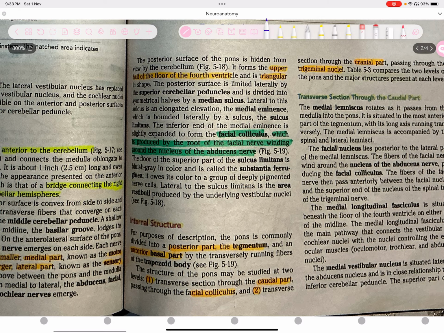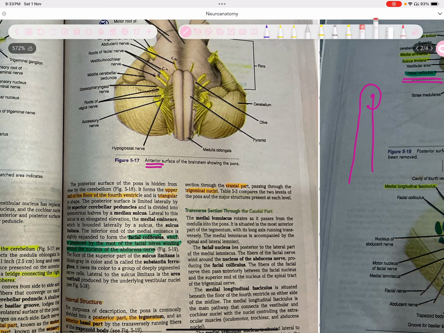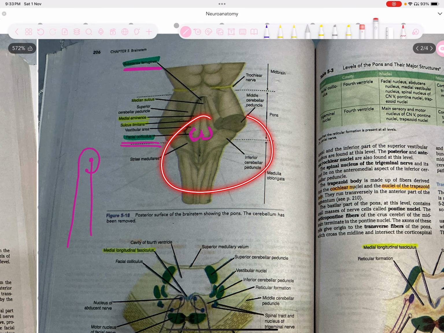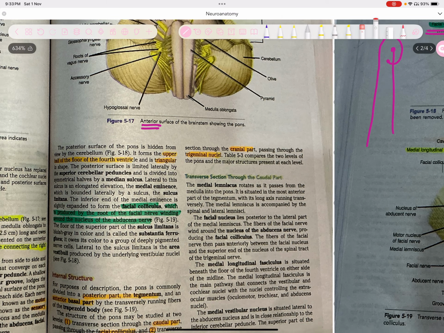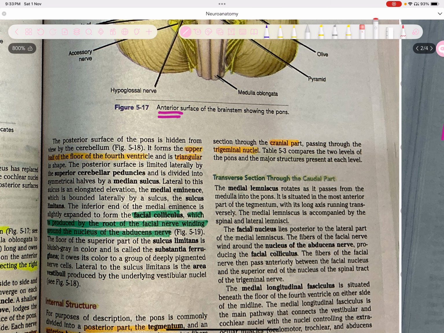Then the posterior surface of the pons is hidden from view by the cerebellum. So in order to see the posterior view, you have to completely remove the cerebellum. It forms the upper half of the floor of the fourth ventricle and is triangular in shape. I told you you have a central canal, and towards the top, this cavity expands into the floor of the fourth ventricle.